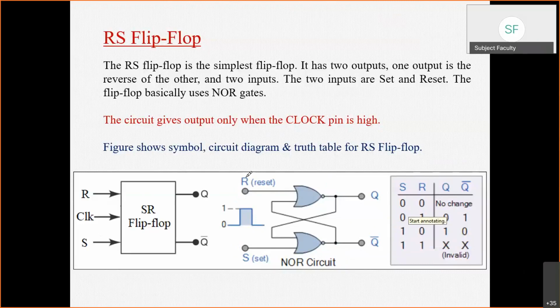Now for the first condition, your both inputs are 0 0. You cannot say anything sure about this NOR gate, about the output of this NOR gate. So what we will do, let's assume that Q is initially 0.